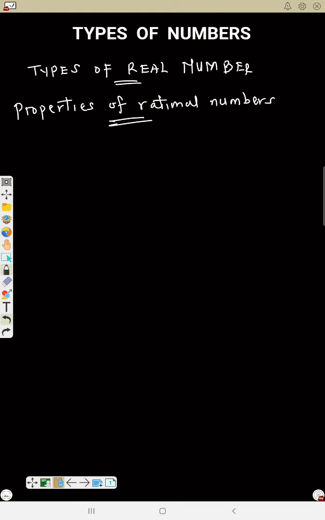If you check my video on how to change a decimal number to a fraction, I've done the terminating decimal. Here I will do the non-terminating decimal, but I'll still briefly cover the terminating decimal. Every terminating decimal is a rational number. Every repeating decimal is a rational number.